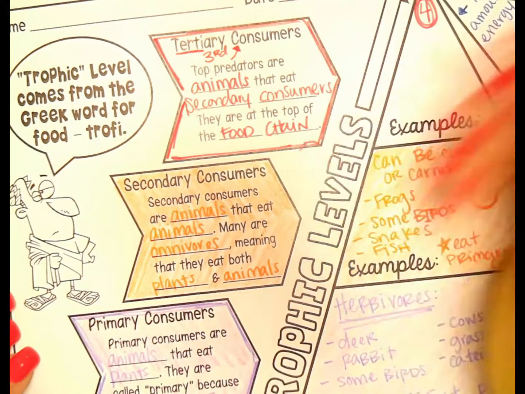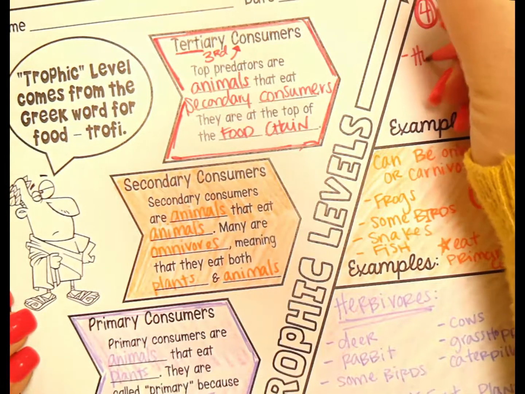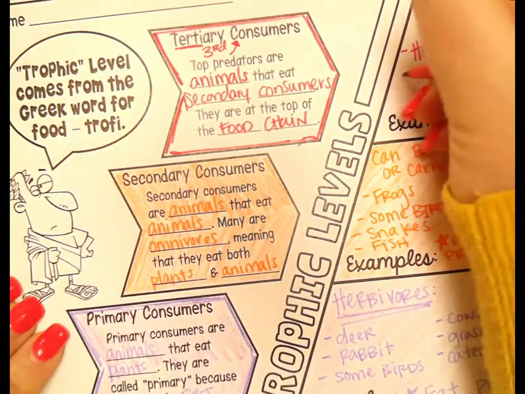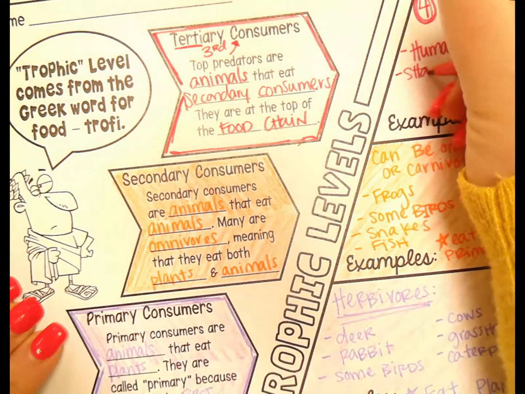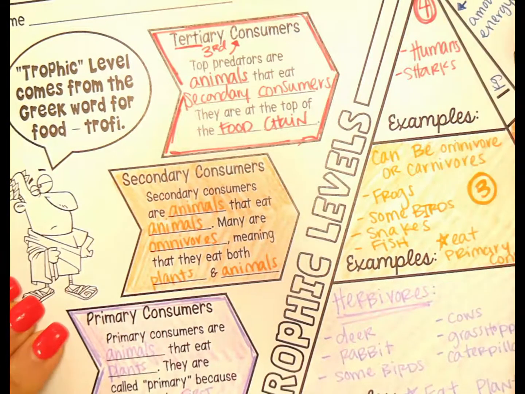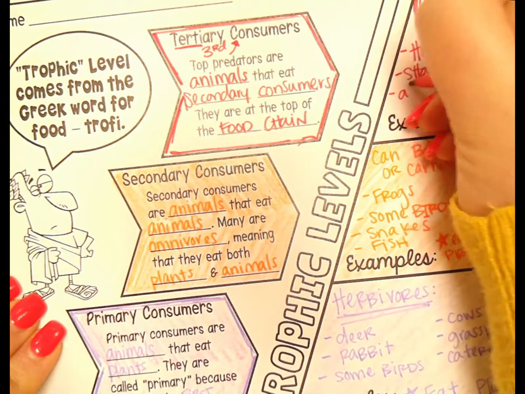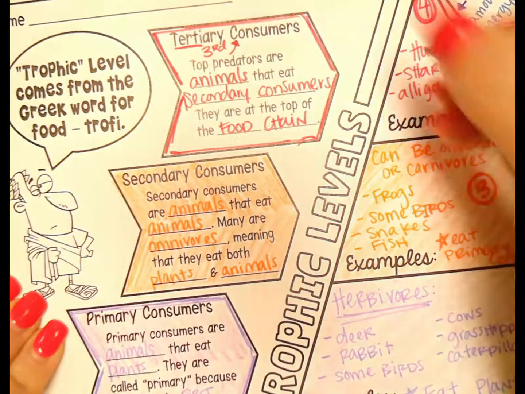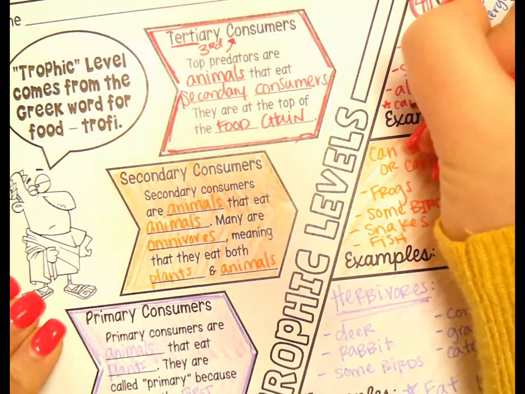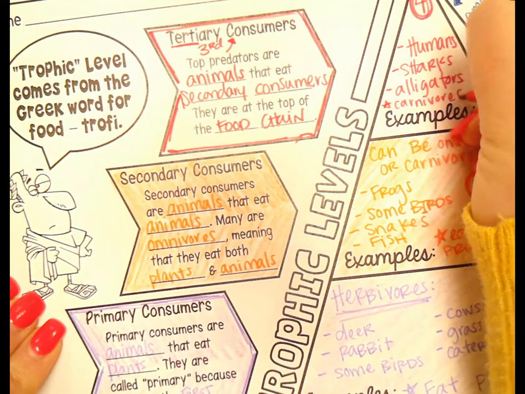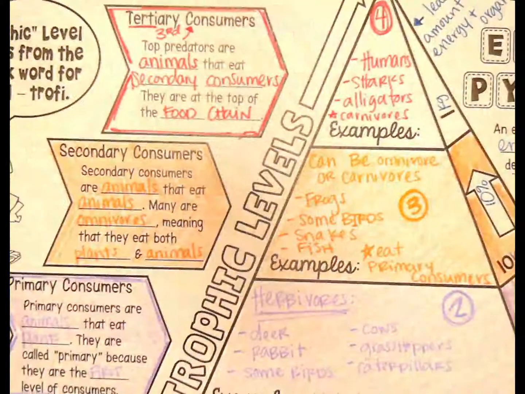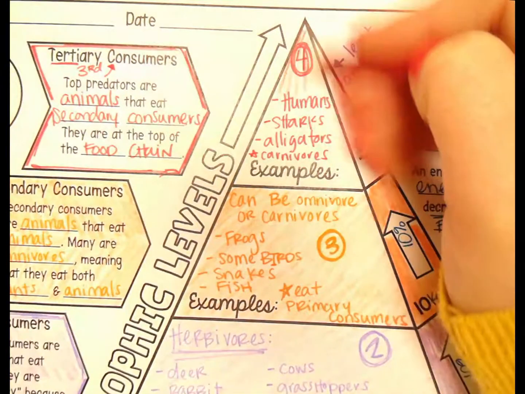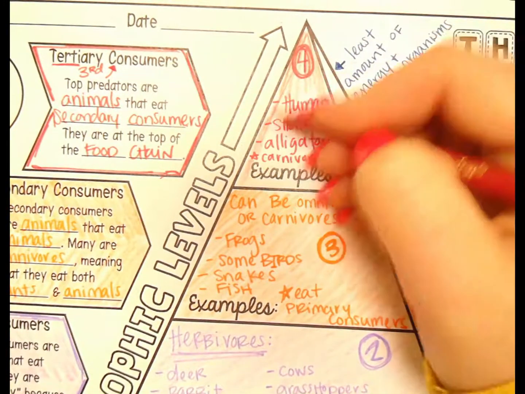This includes humans, right? It includes organisms like sharks or alligators. Okay, these are going to be carnivores, right? So we're going to shade that box in to show that energy level.